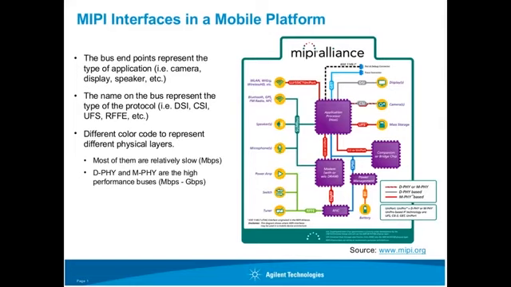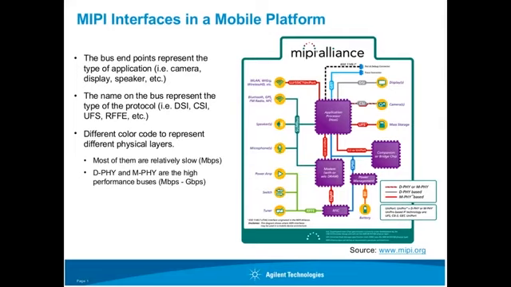On the bus, you will find the type of protocols running on the interface. For example, you will find the DSI protocol used for display panels and CSI protocol for camera modules. Finally, the different color code on the bus represents the different type of physical layers supported on the specific bus.